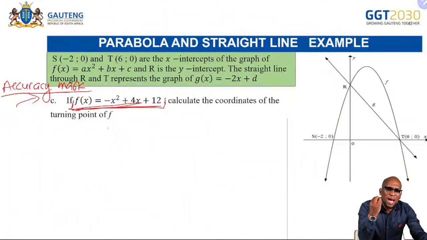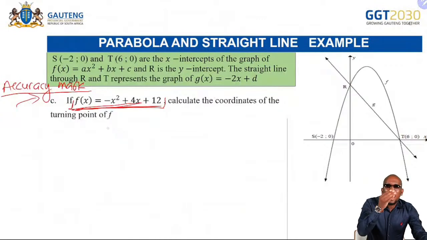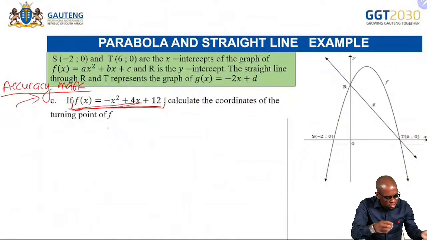Then the person who's going to be marking your script was going to give you full marks for this question using consistent accuracy, since you got the previous question wrong, they are not going to penalize you for the second time, so they'll give you full credit. But this examiner wanted to allocate these marks accurately, so as a result, he has given you the equation to say, if the equation is like this, then calculate the turning point.